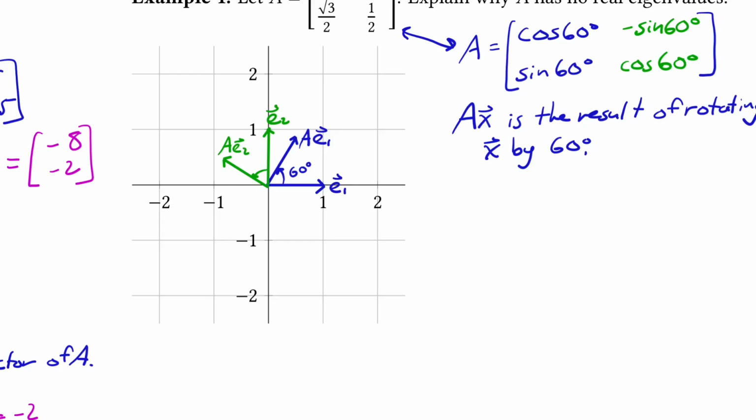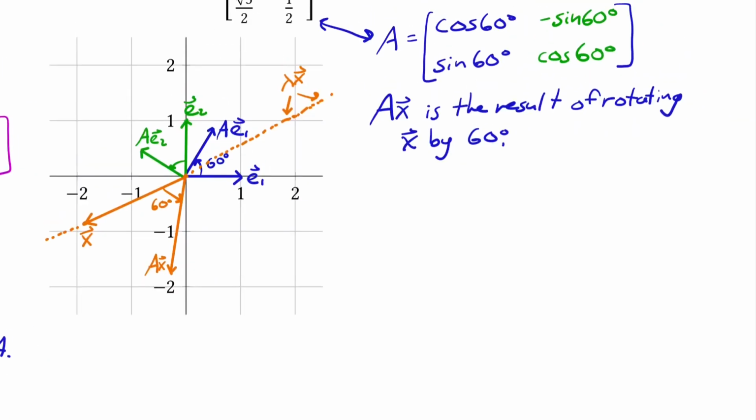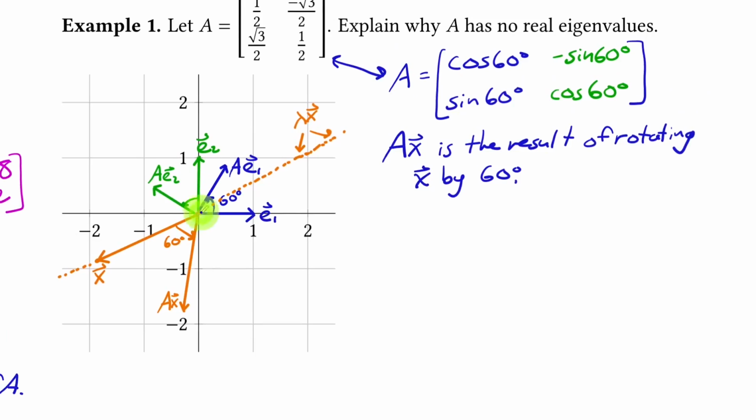Like maybe you have an x that is over here somewhere. Scalar multiples of x would have to be somewhere on this line. But A times x is going to be 60 degrees over this way. And that's true for every point except the origin. And the origin is not allowed to be an eigenvector.